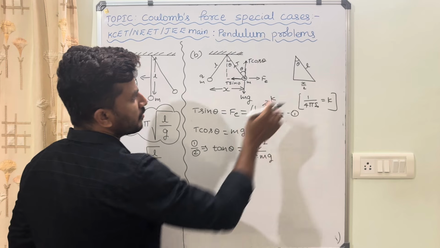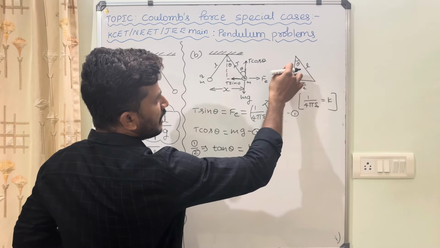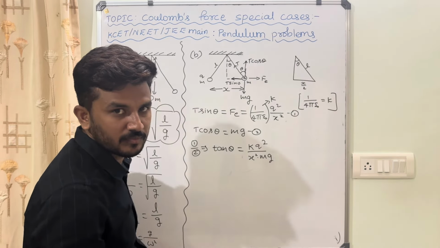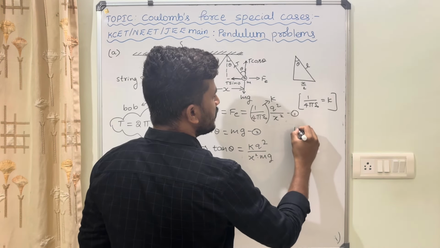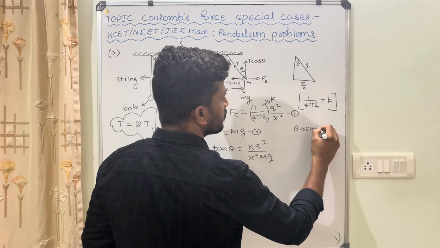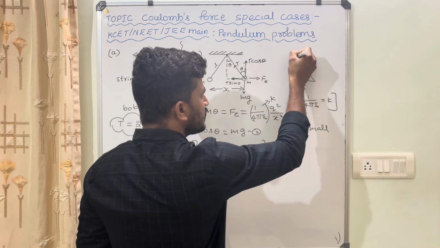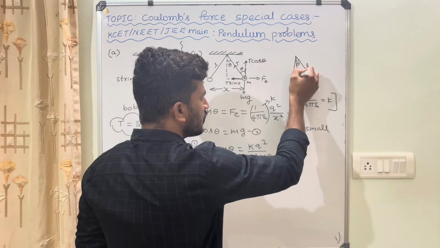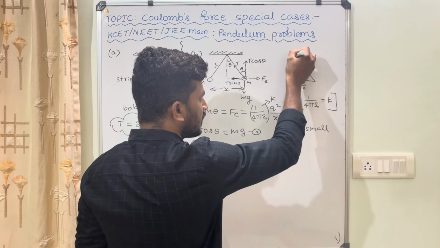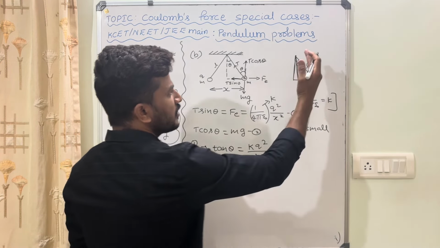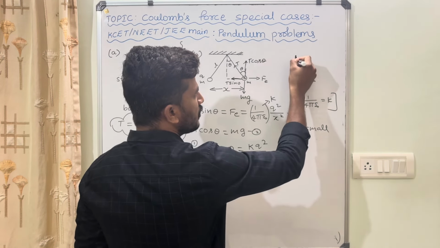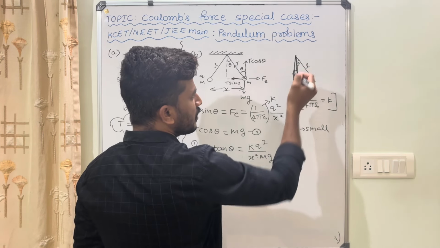What is tan theta from this? Tan theta is adjacent by hypotenuse. So let us take theta is small. If theta is very small, this hypotenuse side and adjacent side will be almost same. If theta is very small, adjacent and opposite will be almost same.